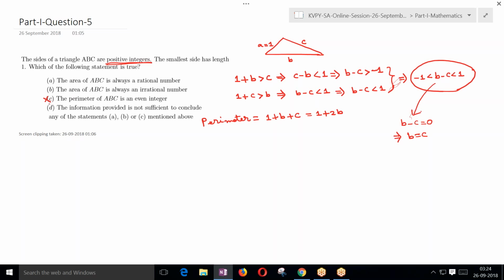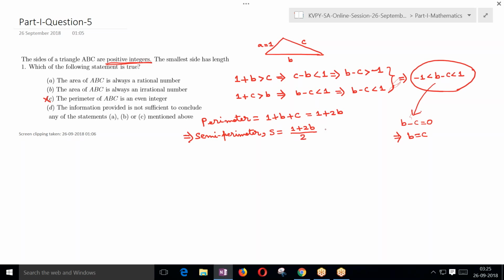Okay, now we need to consider the areas. If we are not able to conclude from the areas also, then we need to see whether the conditions are sufficient or not. But let's see. So what is the semi-perimeter? As we got the perimeter equal to 1 plus 2b, the semi-perimeter, denoted by S, is equal to (1 plus 2b) by 2.